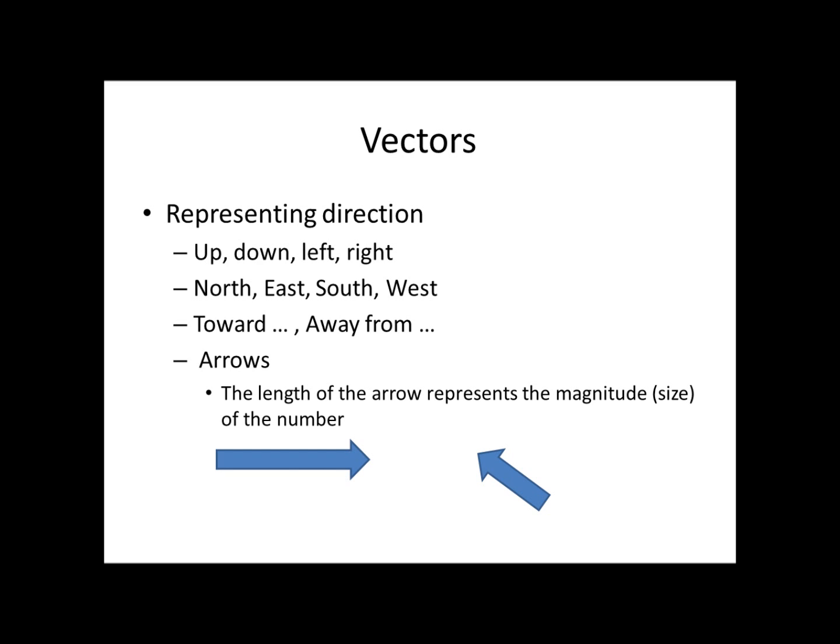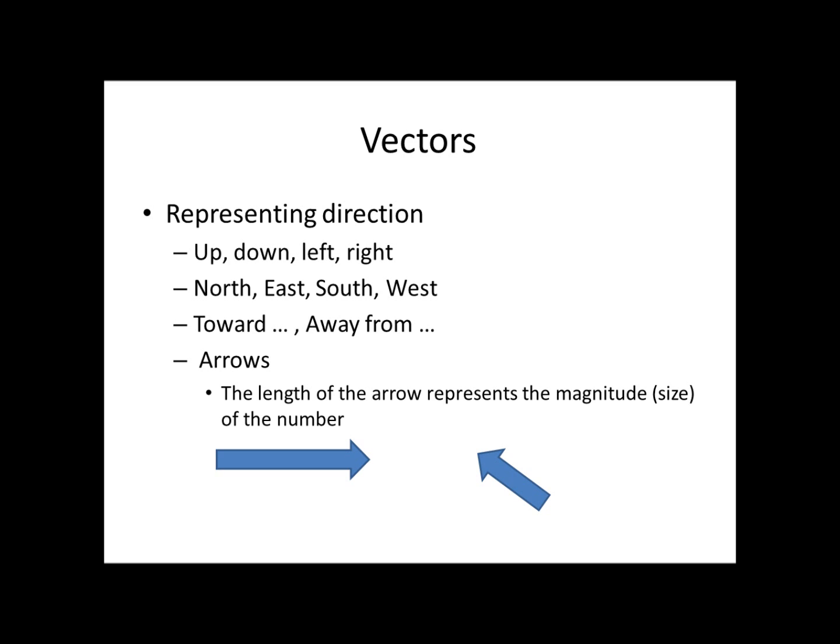Now, the way that we represent this direction is really going to depend on the problem. We can use words like up, down, left, right. We could use the cardinal directions of the compass, north, east, south, west, or any combination thereof. We could use words like toward something or away from something. And one very common way to represent vectors is with arrows.